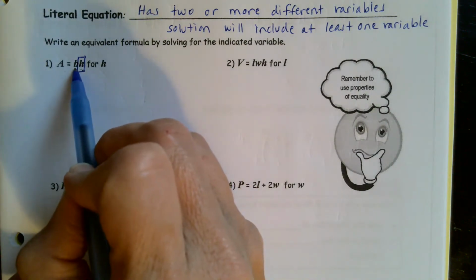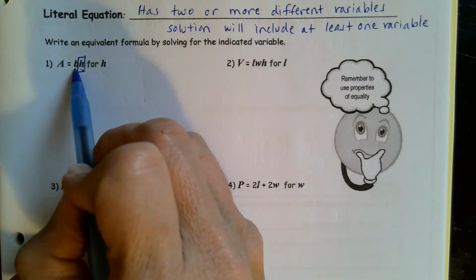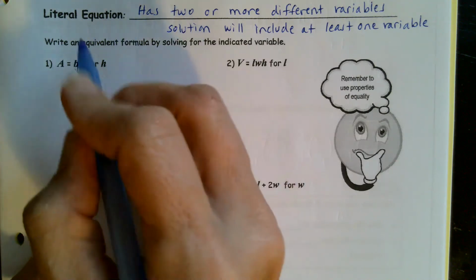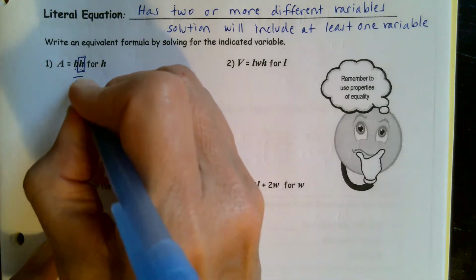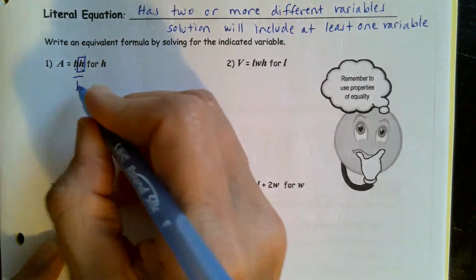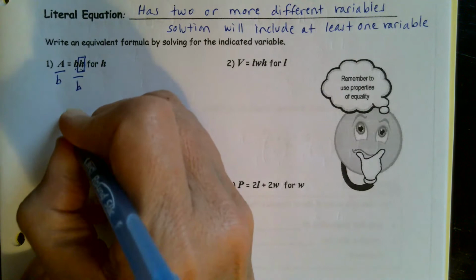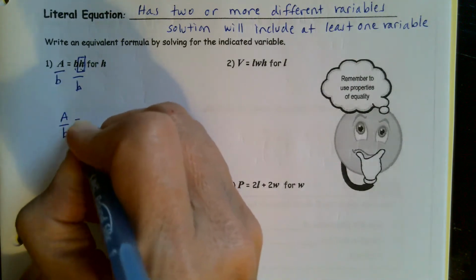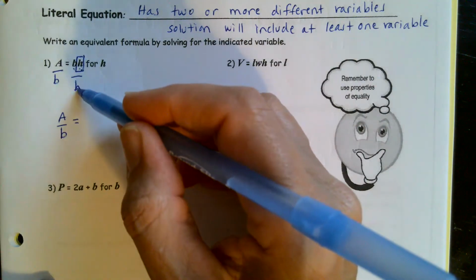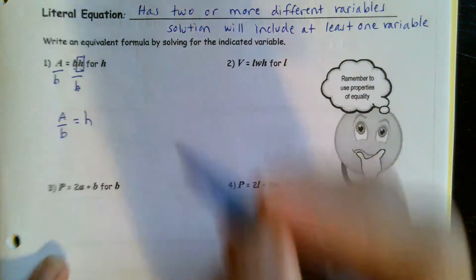Right now, I want to eliminate what's happening right next to it. H is being multiplied by b. So the inverse of multiplying is dividing. Instead of multiplying by b, we'll divide by b. Whatever I do to one side of the equation, I'm going to do to the other. So a over b equals, and b divided by itself is 1, so that equals h.